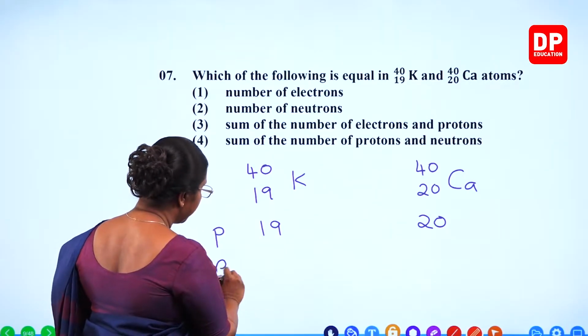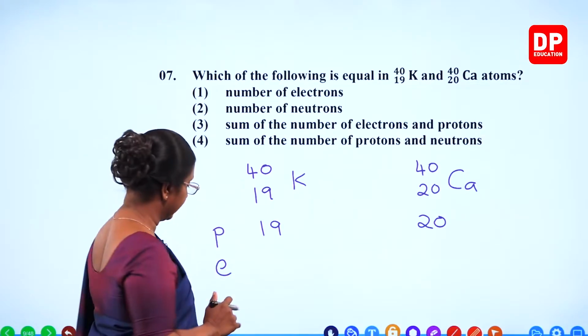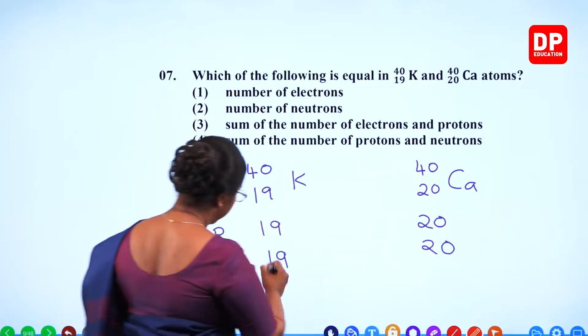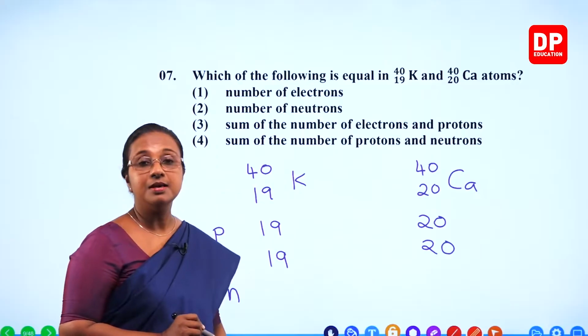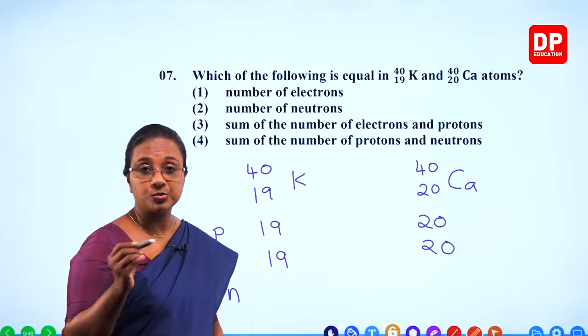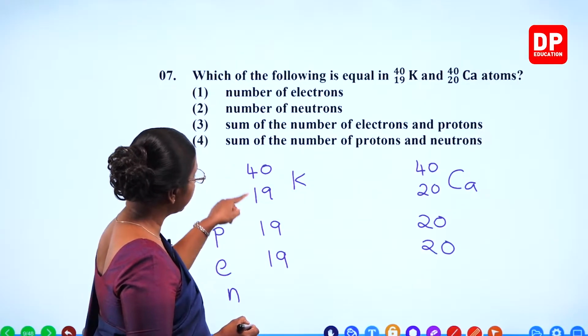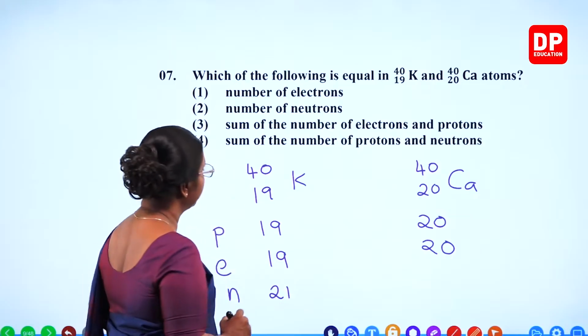Then, if you take the number of electrons, they are equal to the number of protons in a neutral atom. So, they are again 19 and 20. Then if you take the neutrons, the mass number equals protons plus neutrons. So, how many neutrons are there? 40 minus 19, there are 21 neutrons here.